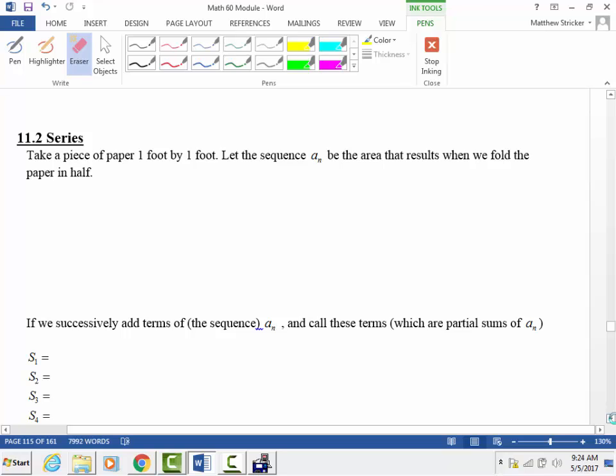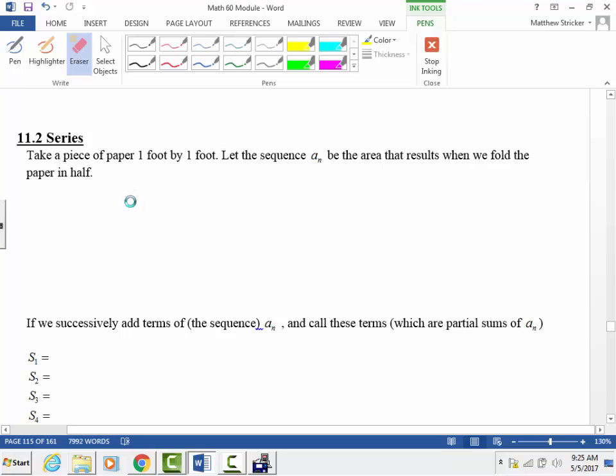About 1 foot by 1 foot. It says let the sequence A of n be the area that results when we fold the paper in half. So the first term in the sequence is the area that we get of this. It's 1 by 1. So what's its area? 1. So let's write this down.